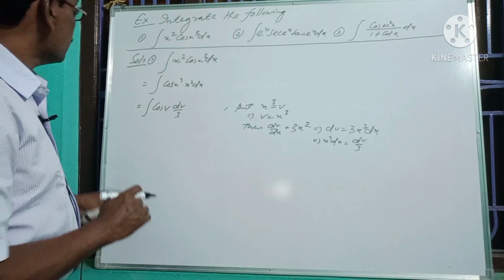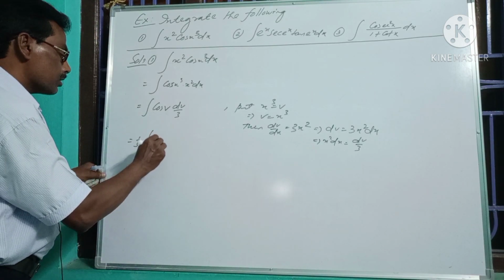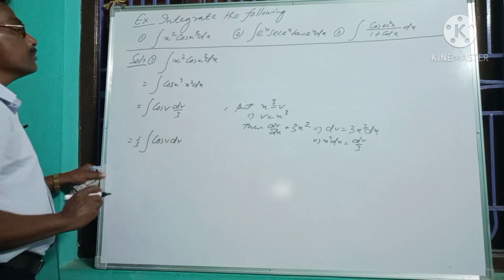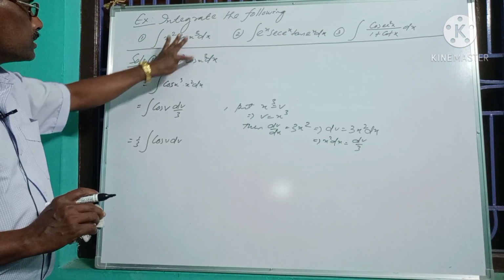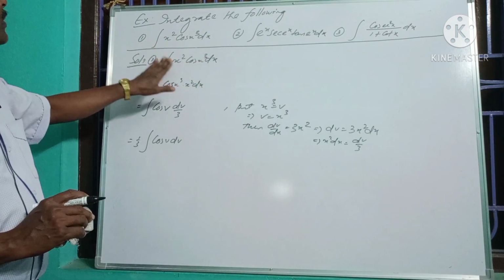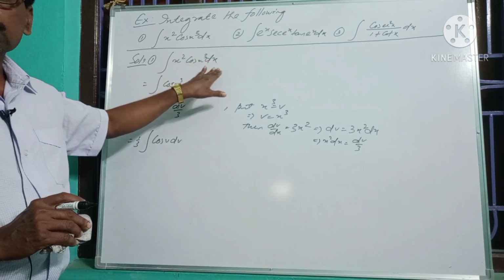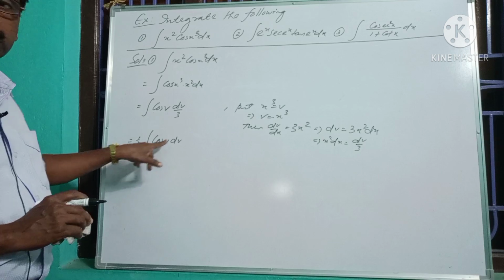So we have 1 by 3 into integration of cos of v with respect to v. Now see, the original integrand, x square into cos of x cube with respect to x, we were unable to integrate, but after substitution we got 1 by 3 integration of cos v with respect to v.